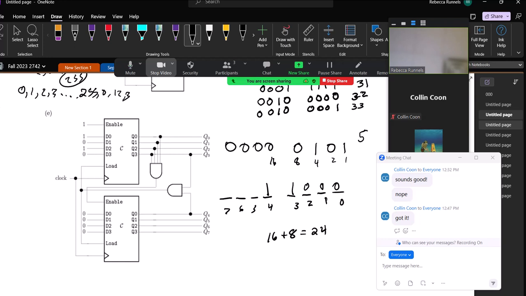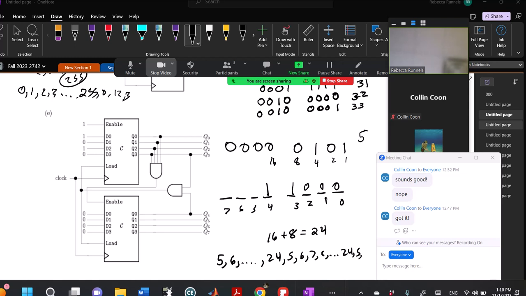So when we get to 24, that makes the load equal to 1 on both of these, and then it's going to start counting again. So this counter is going to start at 5 and count up to 24 and then go back to 5. Okay, are there questions on that?